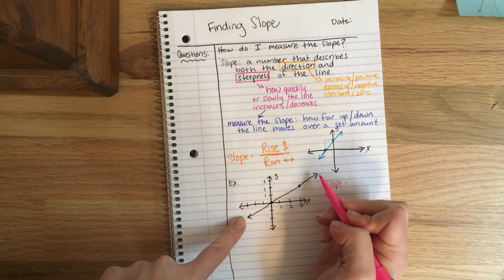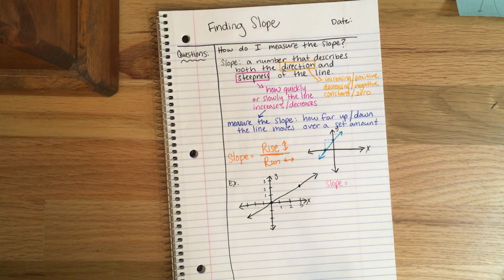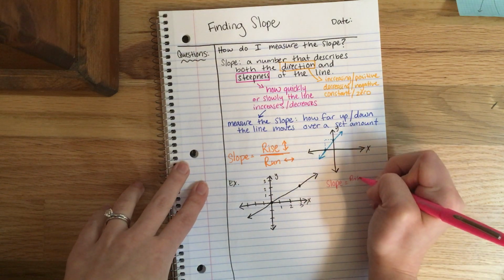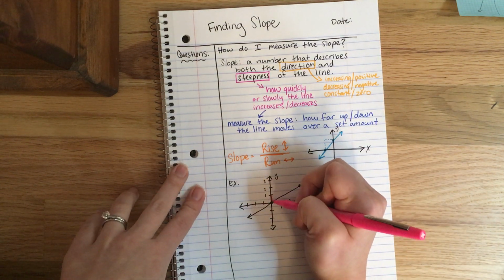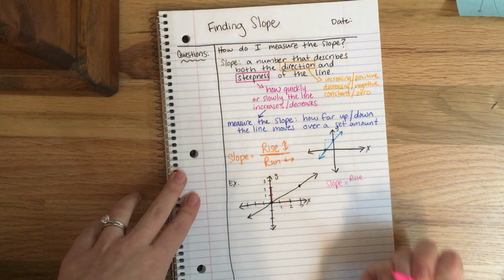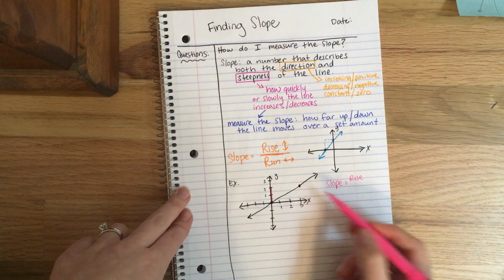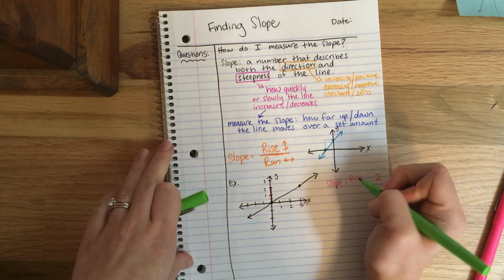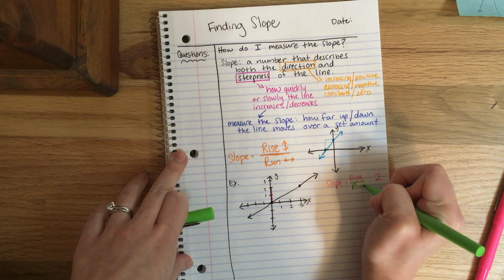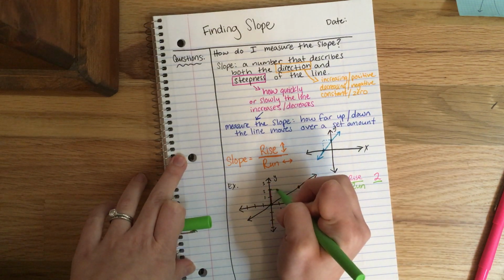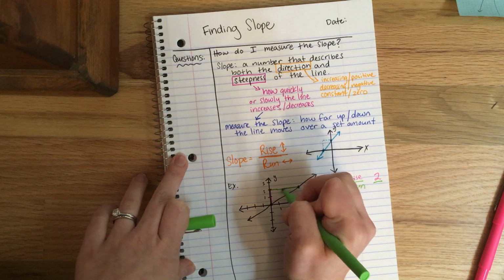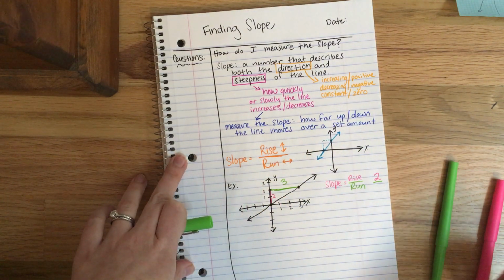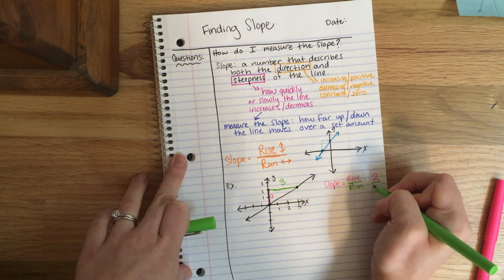I can see that my slope is moving in the upward direction, so I know it's positive. Then I need to look at the rise. The rise is going to be up 1, 2 to get to this other point. So my rise is going to be equal to 2. And I'm putting this over the run. I'm going over 1, 2, 3. So this was a rise of 2, a run of 3.